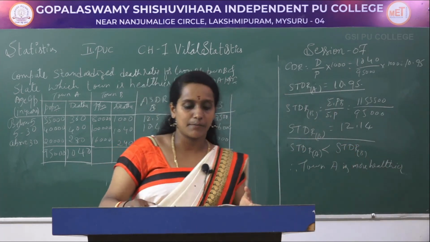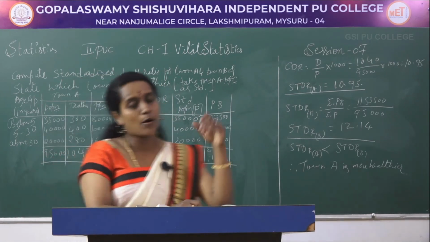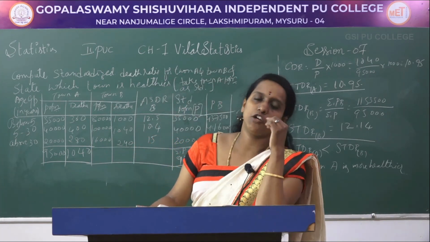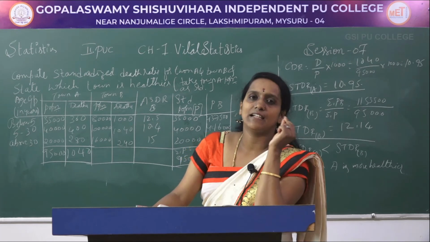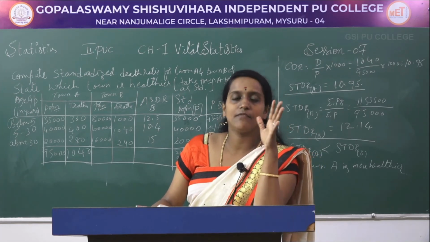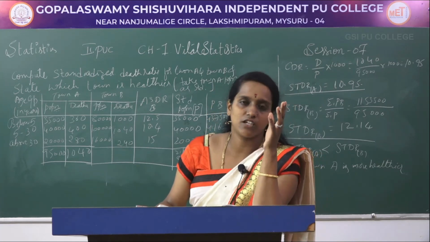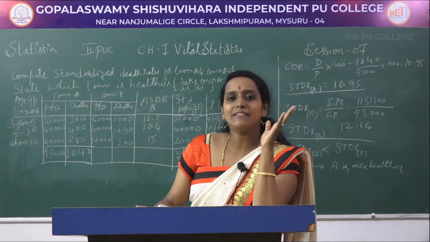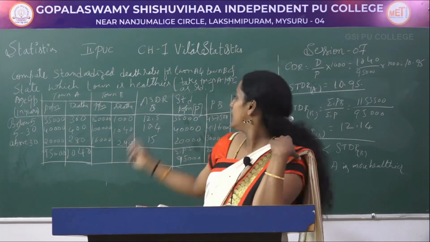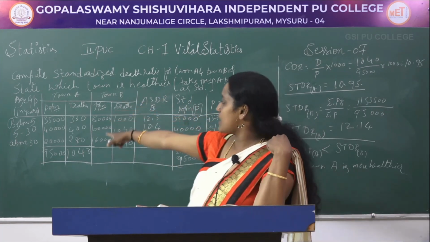Once again I am repeating this, because here we have taken town A population as the standard population. Instead of calculating ASDR for town A, we will calculate the CDR. That value itself is the standardized death rate for town A. Next we consider town B, and here also we calculate the ASDR of town B, and the standard population is town A population.